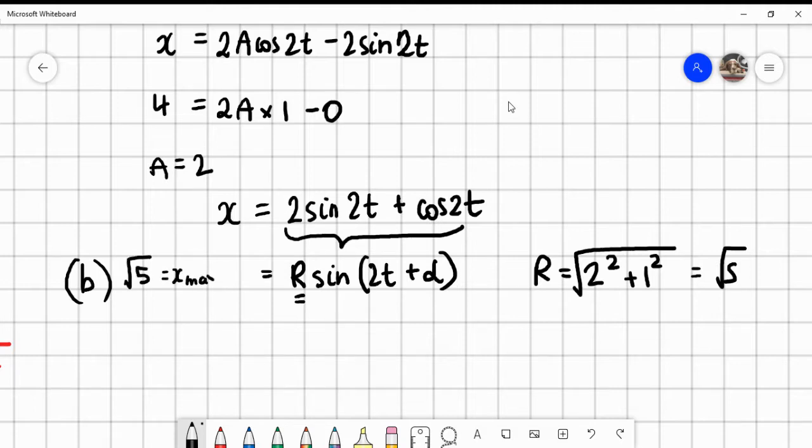But in case you want to find out when this maximum is going to happen, at what time, you really want to find what alpha is.